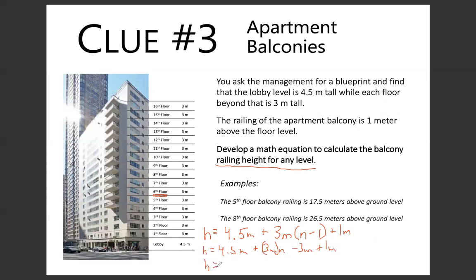So h equals 3 meters times n plus 4.5 minus 3 plus 1, that is plus 2.5 meters. And that is a mathematical model, a way to calculate the height at each floor. And that's one of the things we want to know, what floor it fell from.